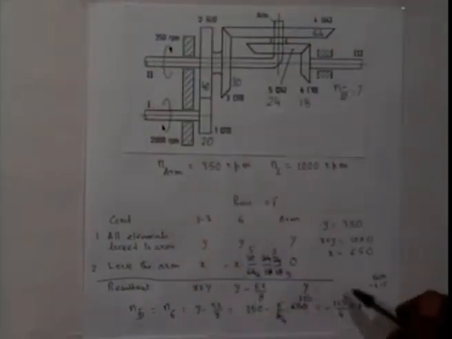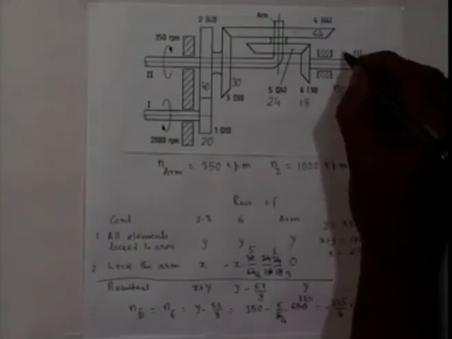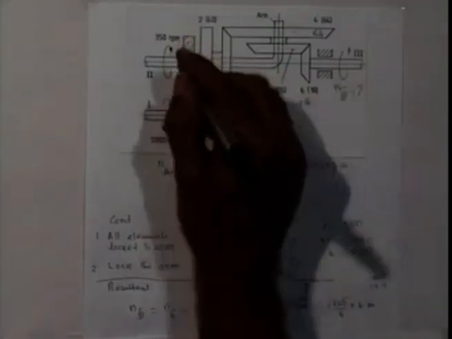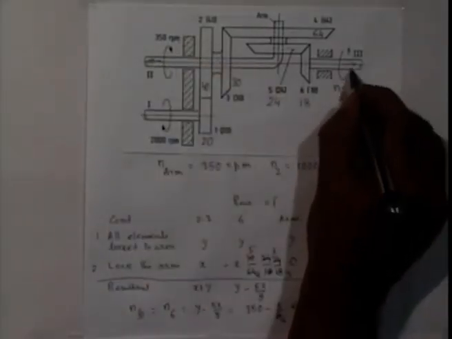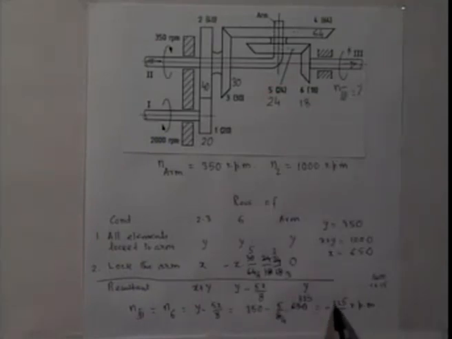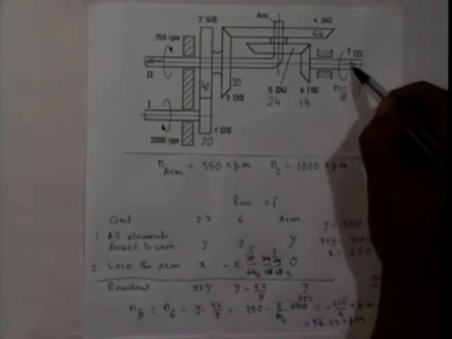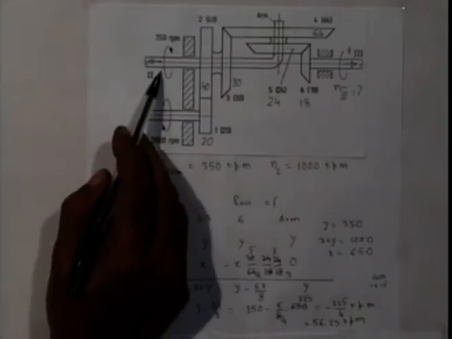So if this rotates in this direction, this is minus, so it is in this direction. This is this axis, this is this axis, and the value is 225 by 4, which is 56.25 rpm. So the output speed is 56.25 rpm opposite to this direction.